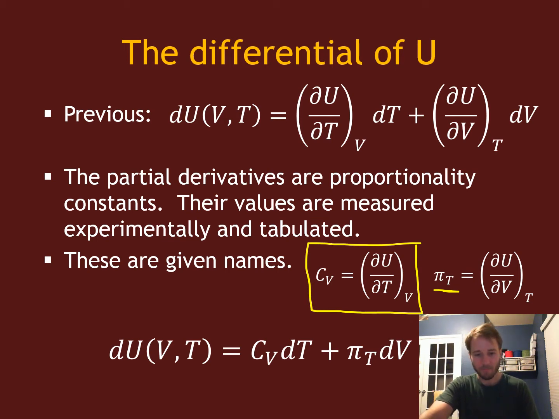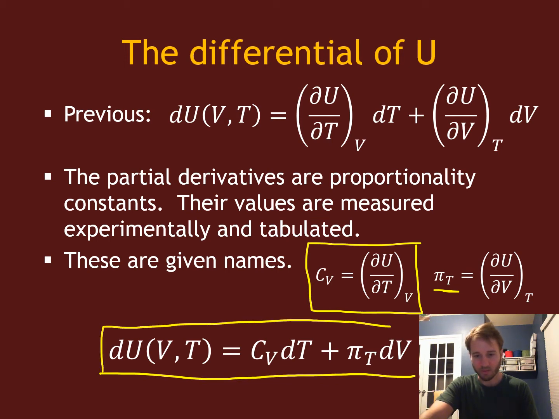And so the total differential of U then is C_V dT plus pi sub T dV. This tells us how some change in U corresponds to some change in temperature or volume, and how much U changes is determined by the values of the heat capacity at constant volume and this internal pressure.